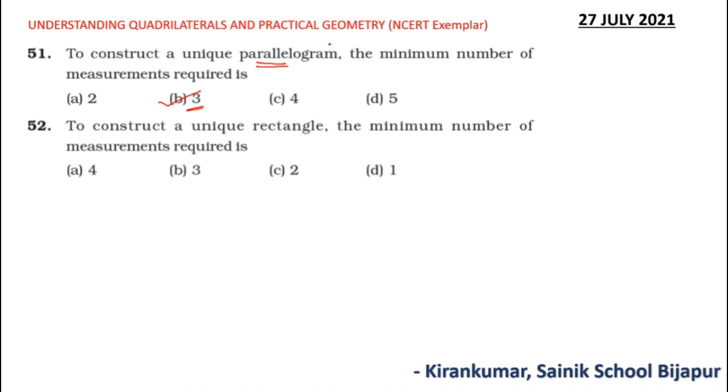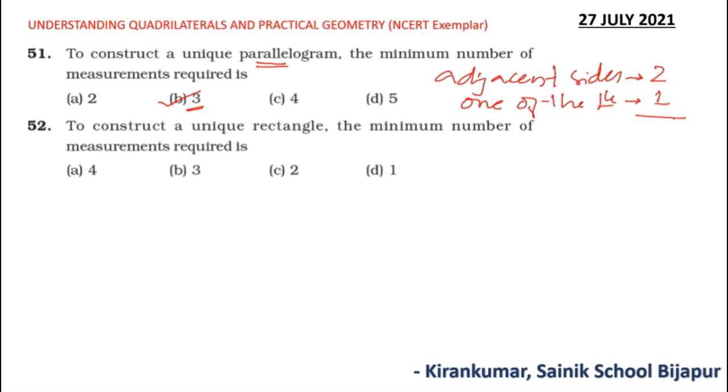So to construct a parallelogram uniquely, we require two non-parallel sides, that is adjacent sides, and the measure of one angle. When one of the angles is known, we can find all the angles. So totally 3 measurements are enough to construct a parallelogram.